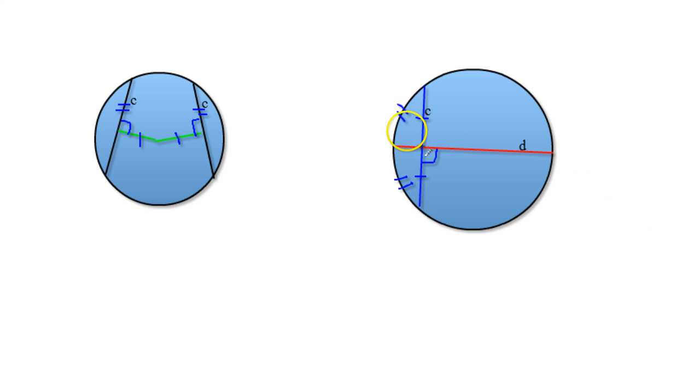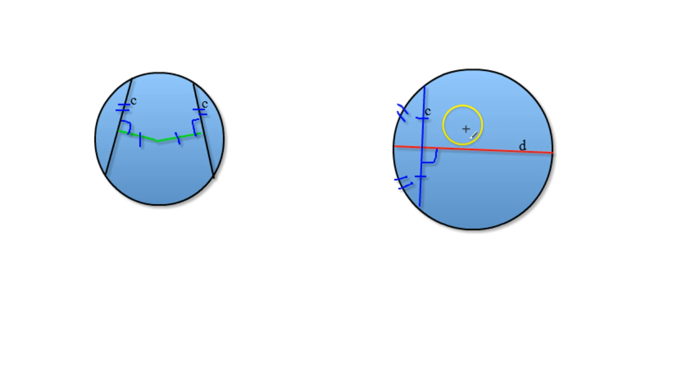Also, the converse is true. If I know that this is congruent and this is congruent, and I know that this is a diameter, then I can also say that this is perpendicular. I can also say that this line is a diameter by knowing that information.